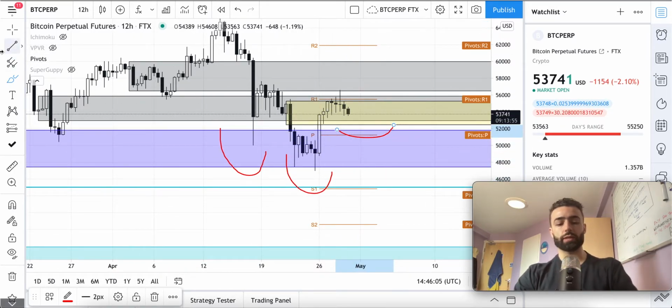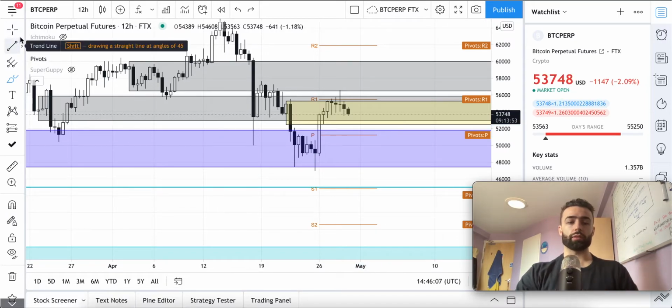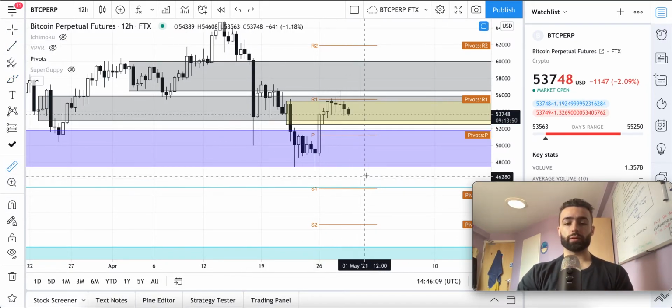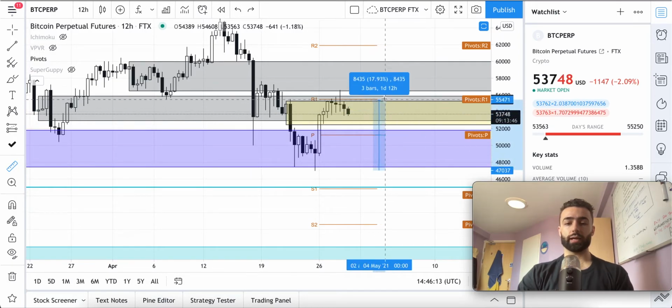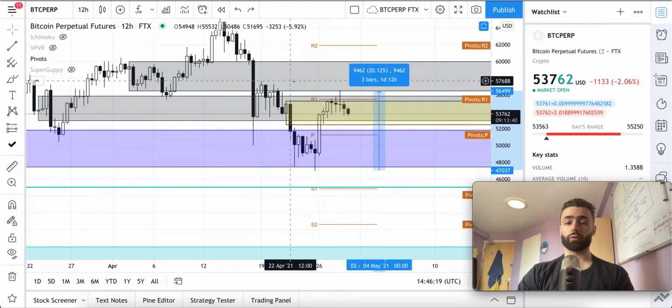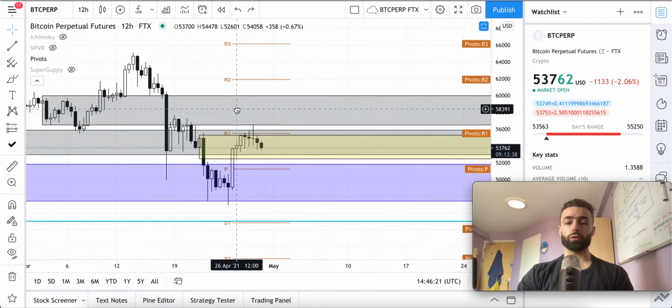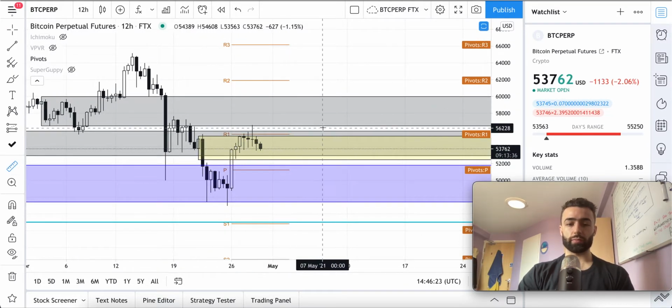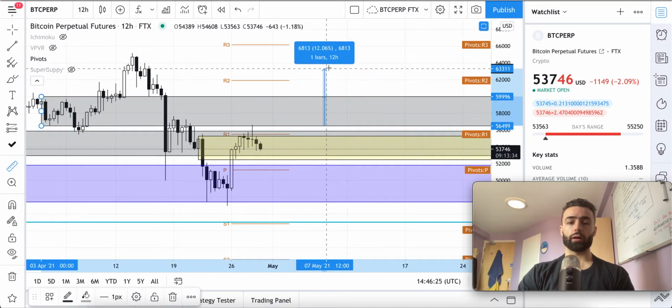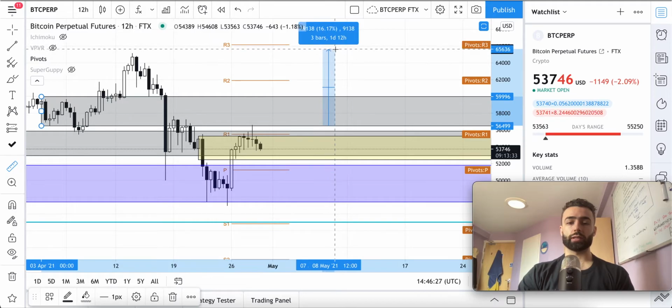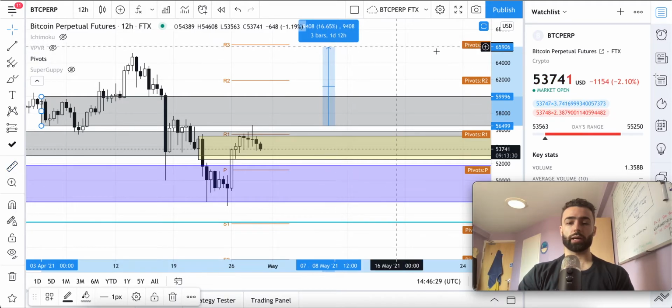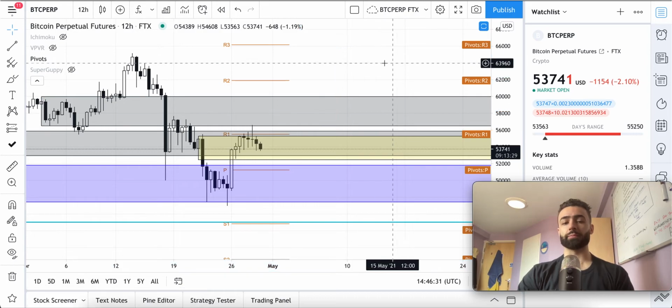If we do end up getting that, the target for that is you measure from the head, the ultimate low here, up to the neckline, which is roughly right about here, which is about $9,400. And so what that tells us is if we measure up from that neckline, up $9,400, that gives us a new all-time high of about $65,900.